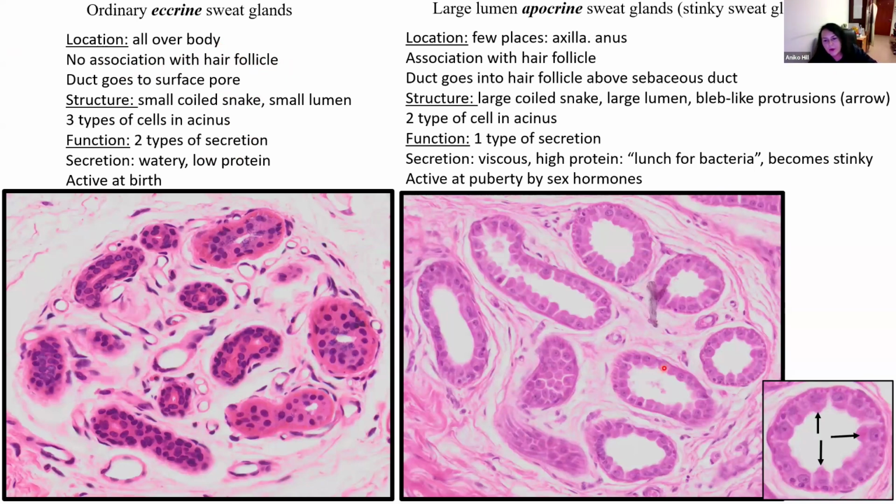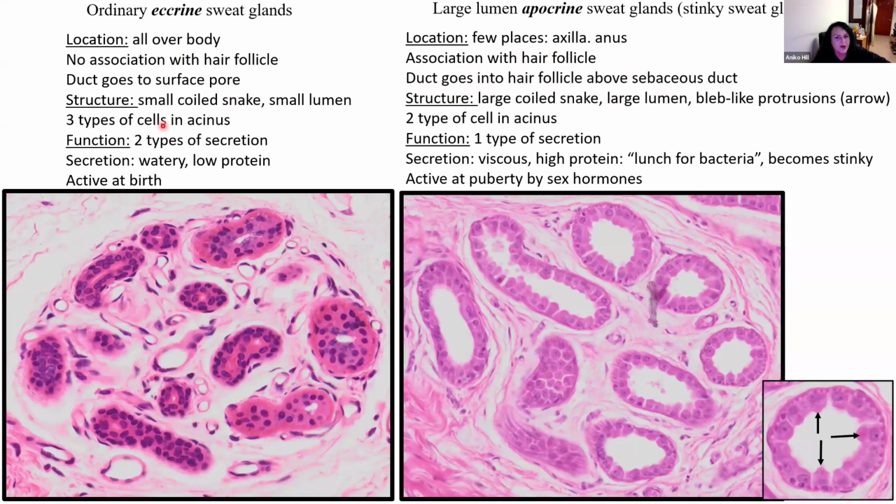What is the apocrine gland doing at the same time? It's not all over, only a few places, the stinky places in our body. And they are usually associated with hair follicles, as I showed you earlier. And the duct goes into the hair follicle or the secretion goes above the sebaceous gland that I showed you earlier.